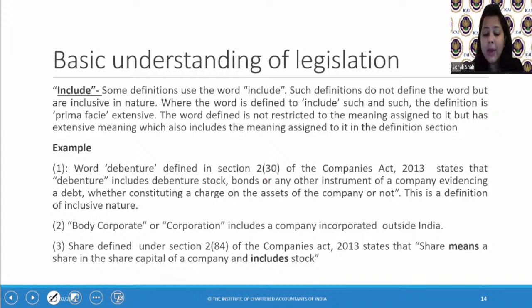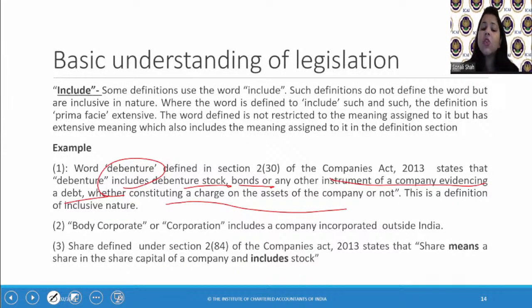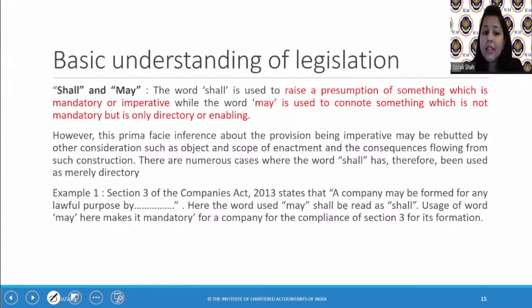So if you look at the word debenture, it says debenture includes debenture stock, bonds, or any other instrument of a company evidencing a debt, whether constituting a charge on the assets of the company or not. So it says A, B, C, and D are included within that term. It doesn't define the word as such. So this is how the term include functions. Similarly, there can be some definitions where the words means and include both are there.